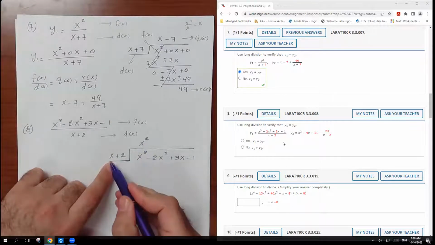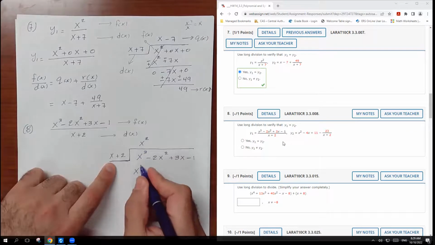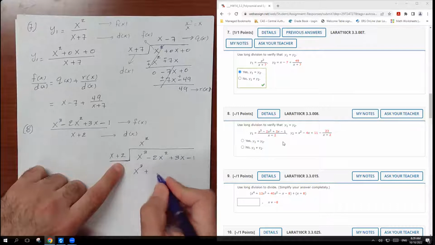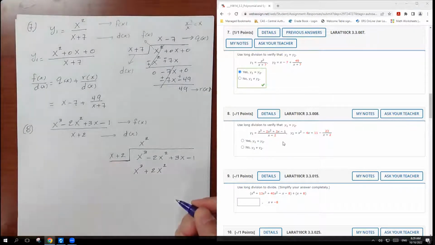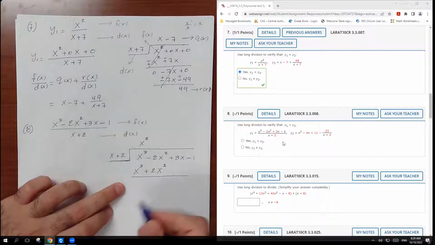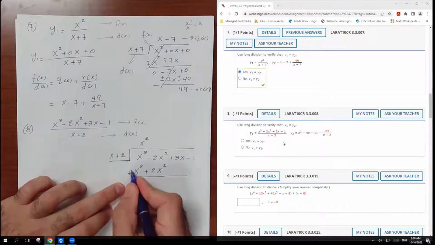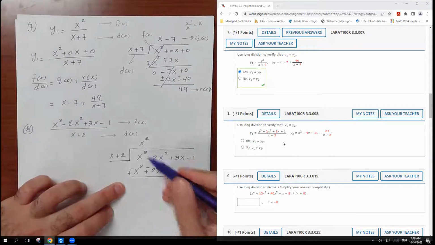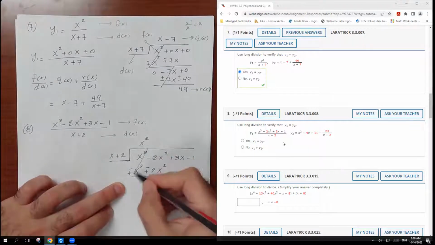X squared times x is going to be x cubed. X squared times 2 is going to be plus 2x squared. Then I'm going to keep going. Change the sign. This plus is going to be minus. This plus is going to be minus.